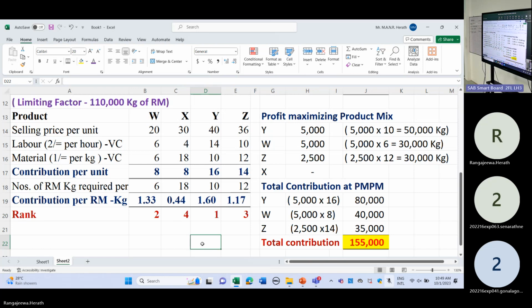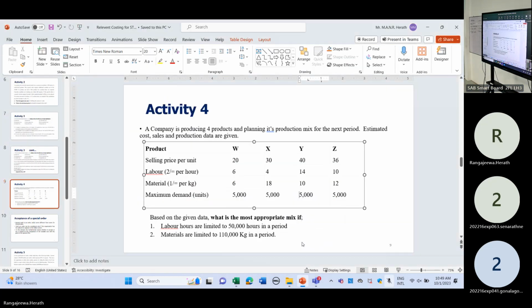Right, shall we continue? We worked out up to activity 4.